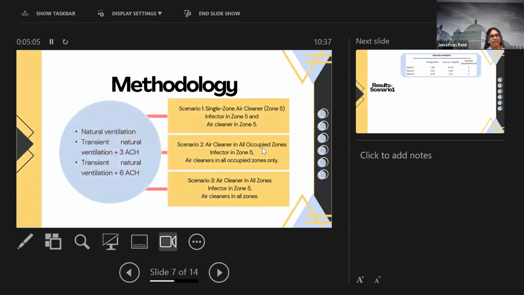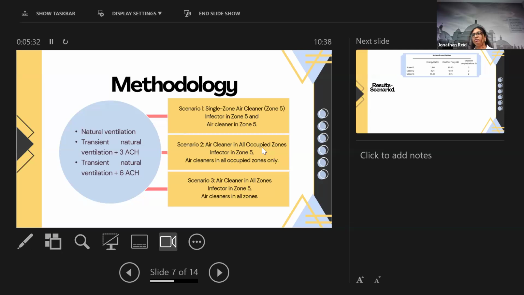So the three scenarios that we've created: first, a single zone air cleaner model where the infector was present in zone 5 and the air cleaner was also present in zone 5. The second scenario, where the air cleaner was present in all occupied zones, that is what I showed in the previous picture, where just the corridor and zone 9 had no air cleaners, and the infector was still in zone 5.